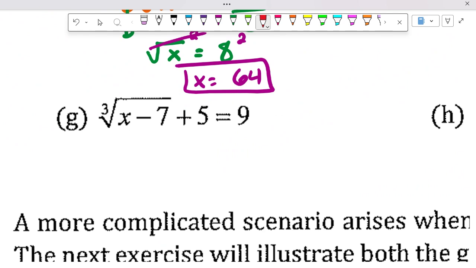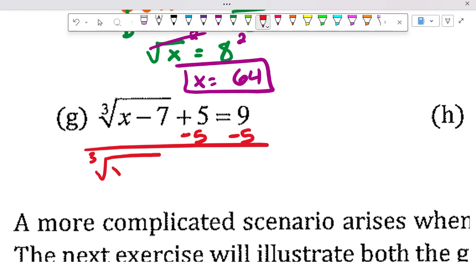All right. So we're going to start by subtracting the 5. So this will be the cube root of x minus 7 is equal to 4. Now, to get rid of the cube root, we have to do what to both sides? Cube it. So keep in mind what type of root it is. So this will be x minus 7 is equal to 64.